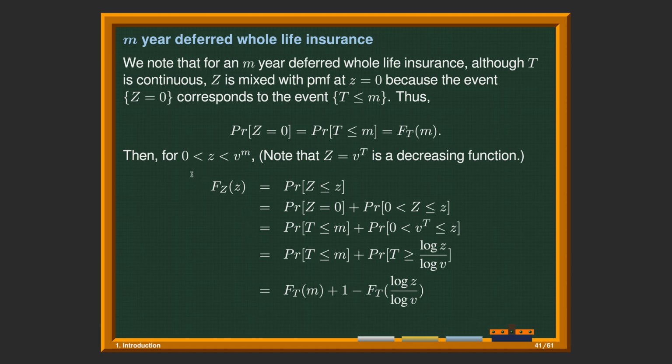For values of z in this interval, of course. So it is the CDF of t evaluated at m, and then this expression here is 1 minus the CDF of t evaluated at log of z all over log of v.